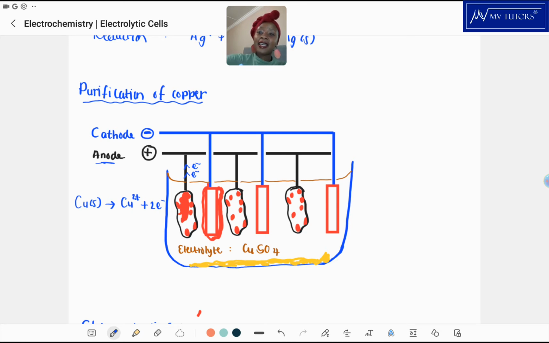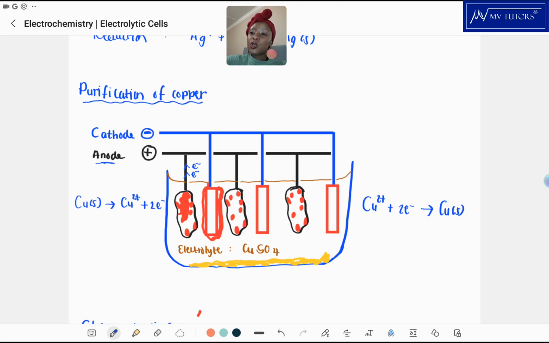Okay, and remember, you're going to start off by having your copper 2+ ions, and you're going to take in the electrons, and then what you're forming at the end is your copper solid. So basically that is what happens.